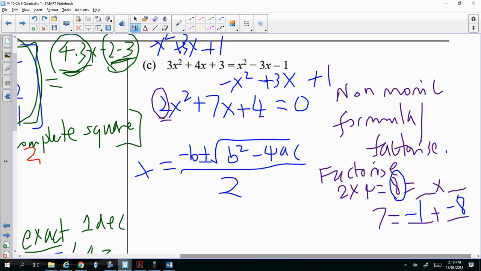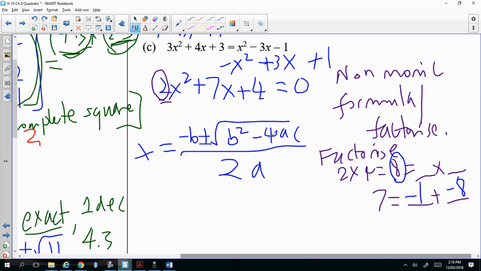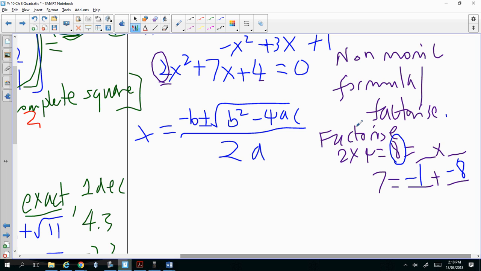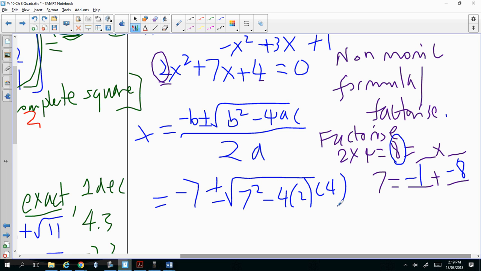Okay, so let's use the formula: x equals minus 7 plus or minus the square root of 7 squared minus 4ac, over 2a. So for non-monic and something you can't factorize, use the formula. But if you find it hard to factorize, also use the formula, because that could be quicker than trying to find all the possibilities.